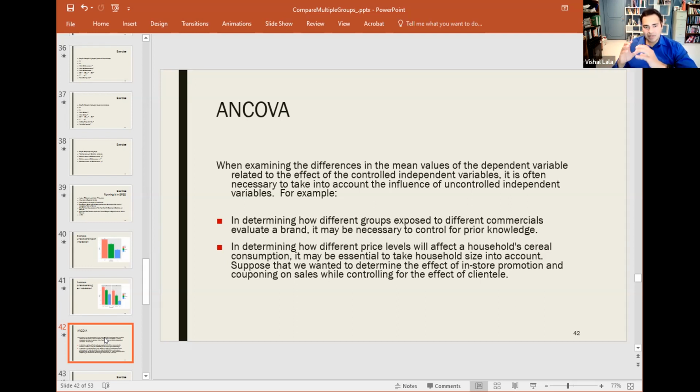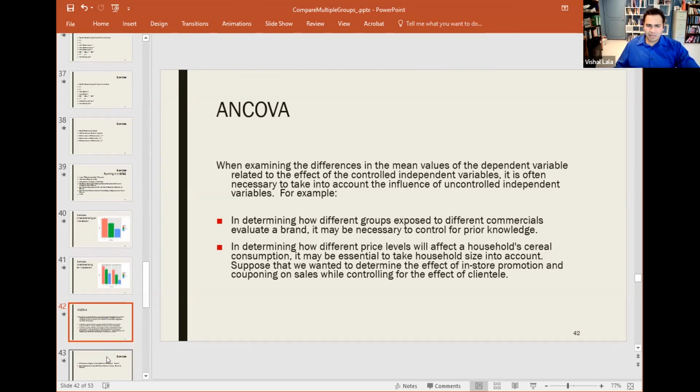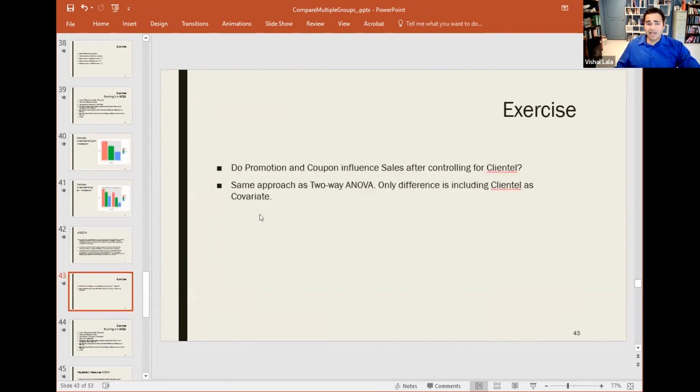You can statistically control for the effect of these variables by including them in the ANOVA as a covariate. Because we'll be using them as a covariate, it's called ANCOVA, analysis of covariance, not just analysis of variance. How to do it is very similar to the way we went about doing an ANOVA.